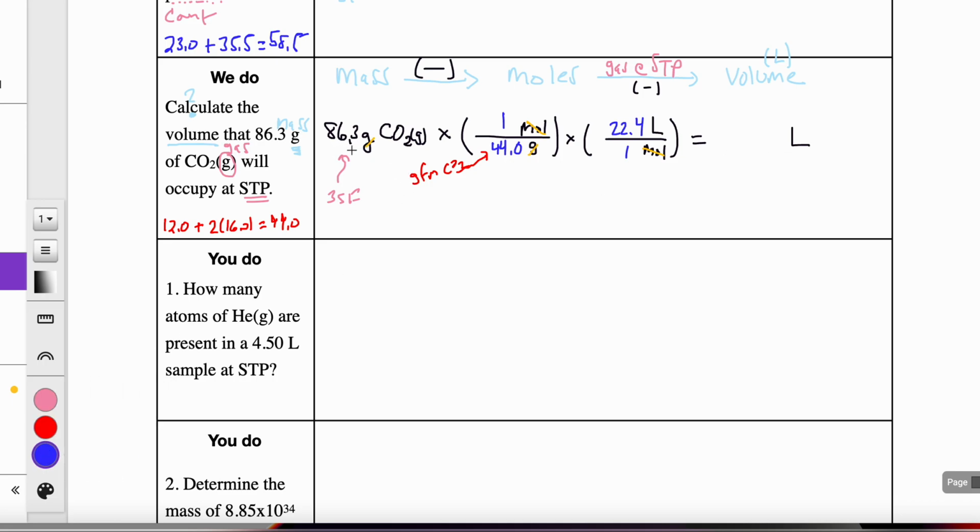When you look at your calculator answer of 86.3 divided by 44 times 22.4, you have all those digits, and we keep 43.9 liters, and it's 43.9 liters of CO2 gas. So you go ahead and try the 2 you-dos on this page. Check your answers with your teacher.